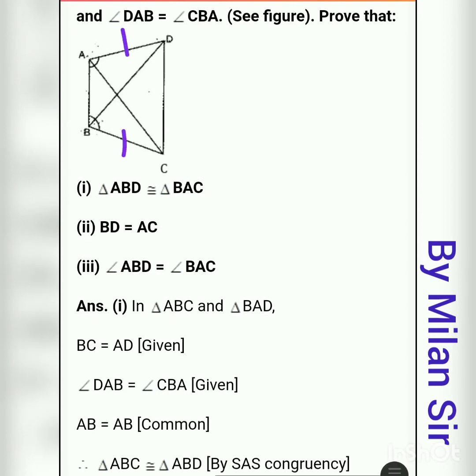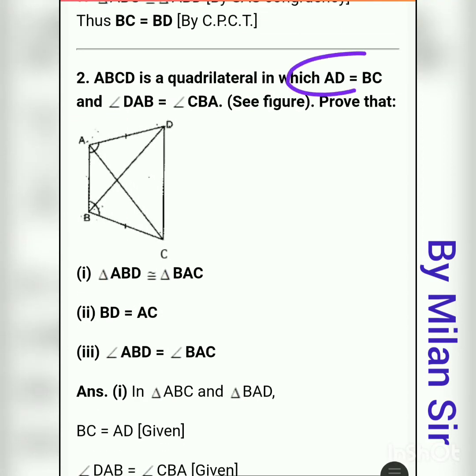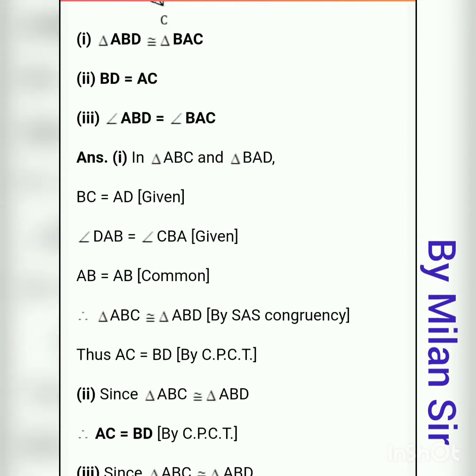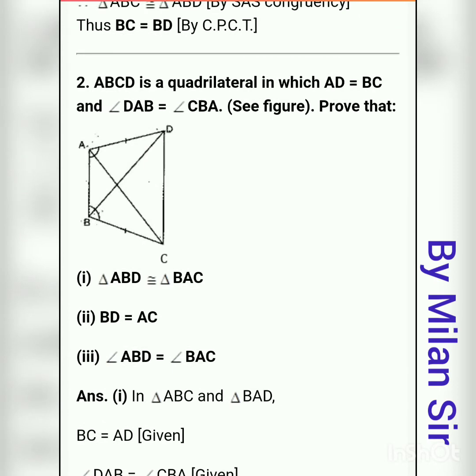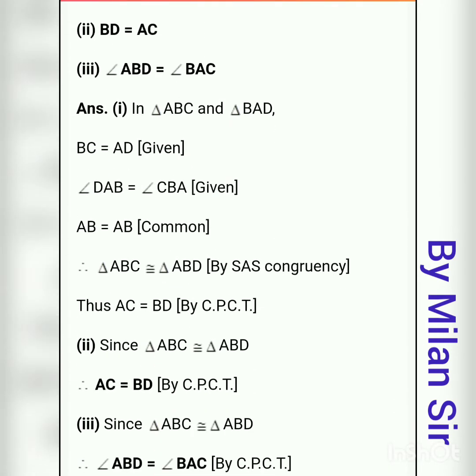So in these two triangles, the first side is BC equal to AD and the reason is given. After that, angle DAB is equal to angle CBA, that is also given in the equation. These two angles are the same.